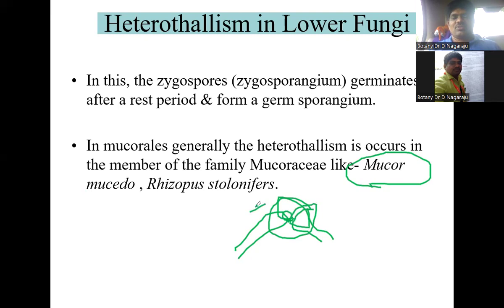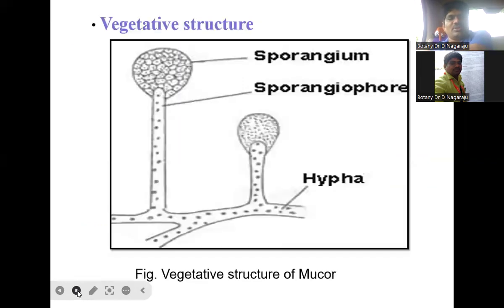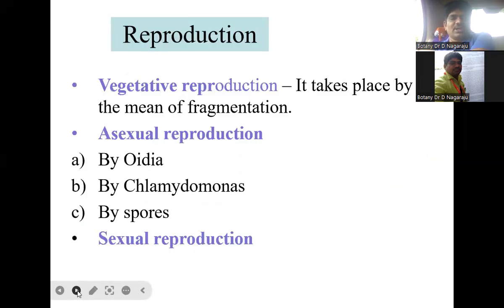Whenever 2 opposite strains, plus and minus, that is there usually in Rhizopus, Mucor, Aspergillus. In Mucor, bread mold, black mold, it is happening.